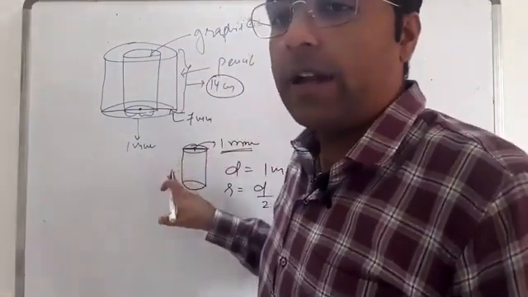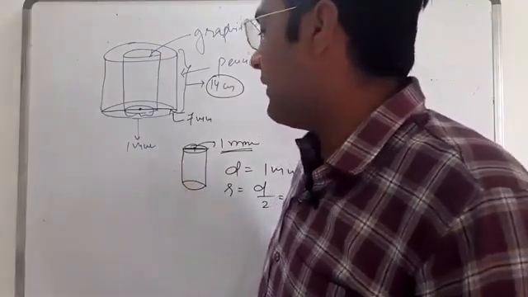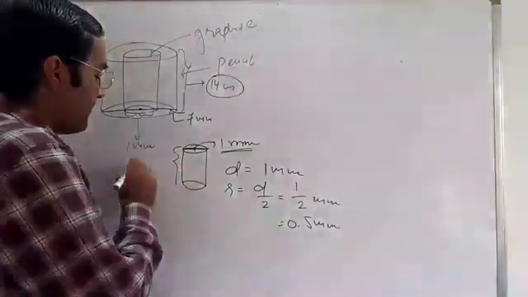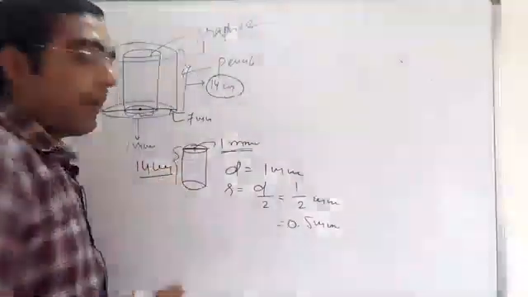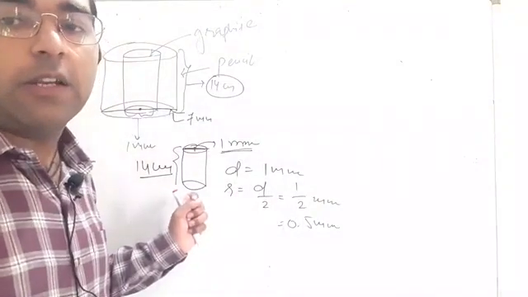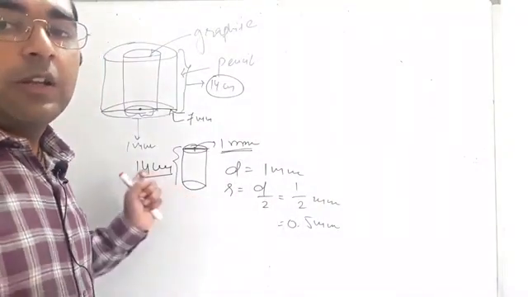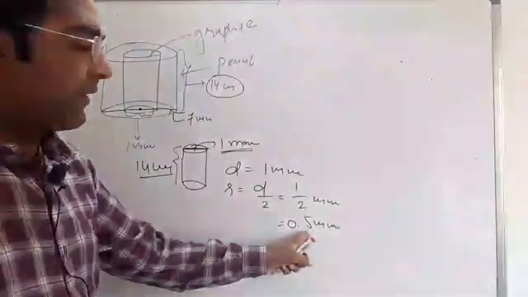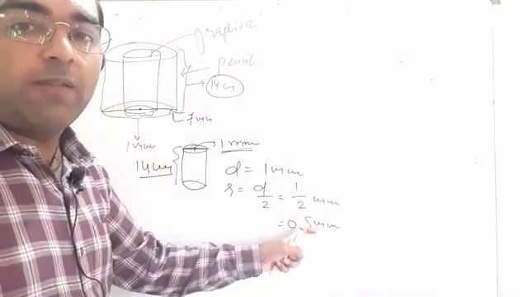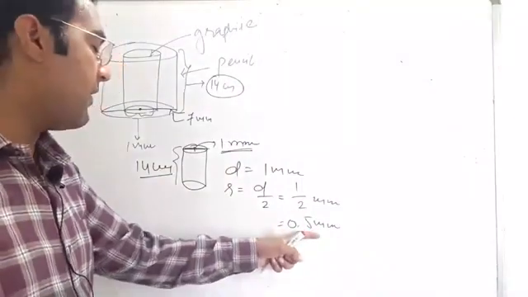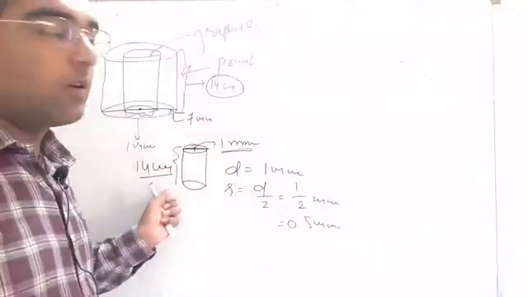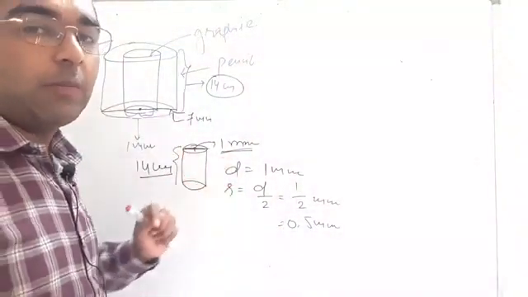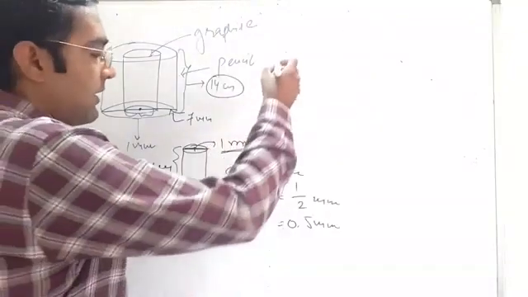So I'll take the height of this graphite cylinder as 14 centimeter, and my radius is 0.5 mm. First I'll convert this 0.5 mm to centimeter, because we have to find everything in centimeter.